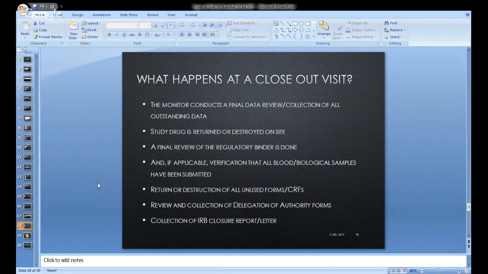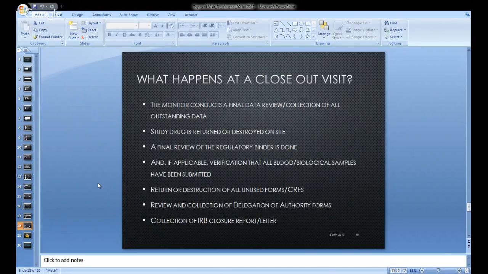Once the closeout visit is done, all the documents will be archived and sealed. Now, coming to the word sealed: all the documents are ideally packed in a container, it's locked, and the container is sealed, signed and dated by an investigator, and archived.